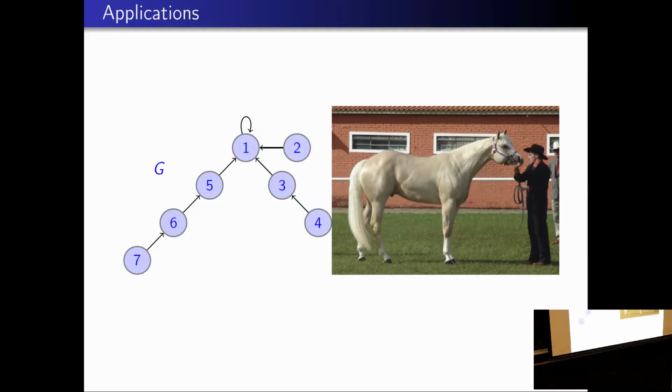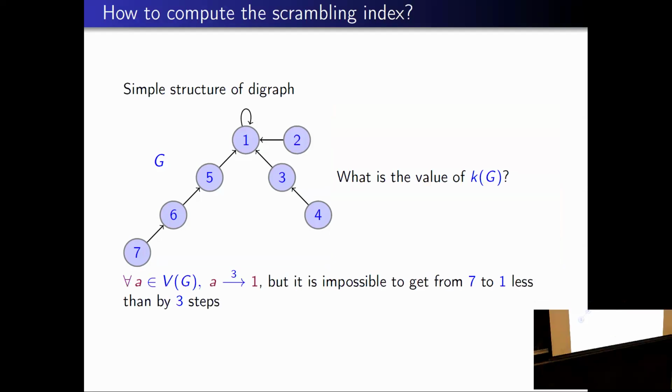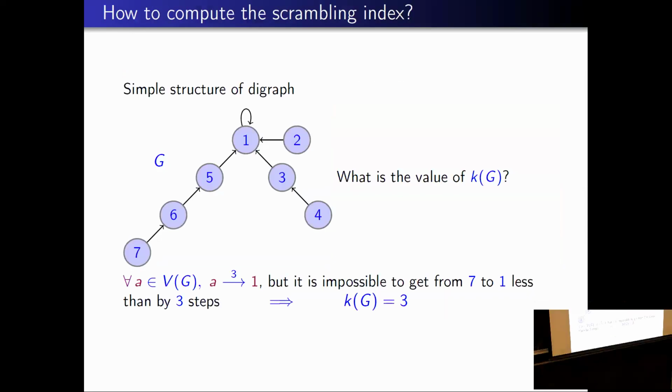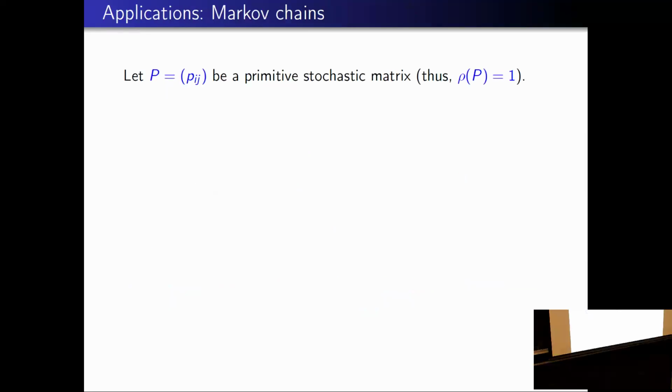That is basically the idea. And now we could ask about the scrambling index. It turns out that the scrambling index is equal to 3, because it is impossible to get from 7 to 1 in less than 3 steps, but he could wait for us here. And so the minimal number will be 3.